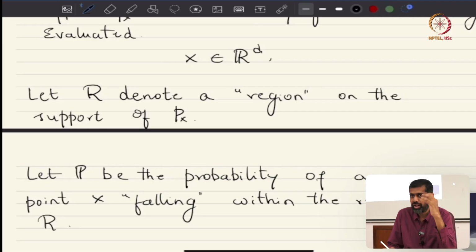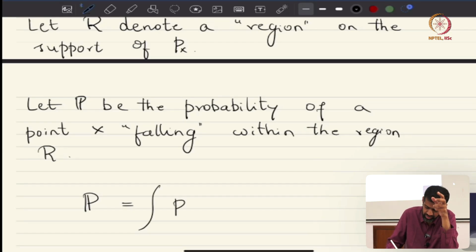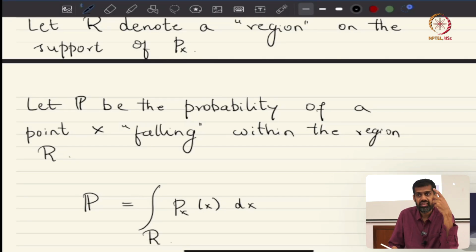So now if capital P denotes the likelihood that this point is falling in this particular region, how do we compute that having this much information? So this P is equal to, can somebody tell me? Yeah, it is the integral of the density function over the region R, correct? That is the definition, right?